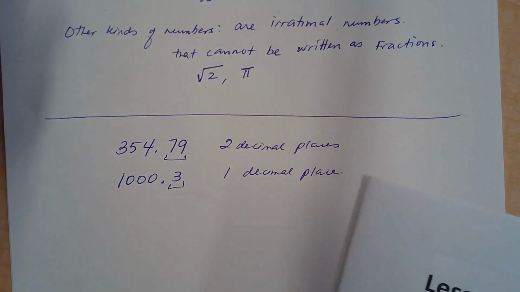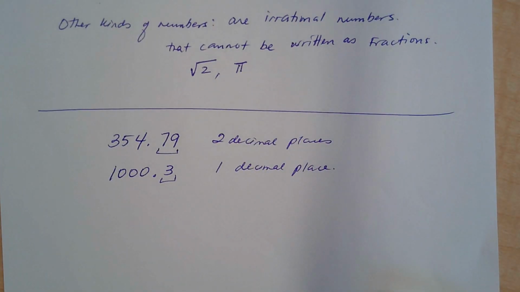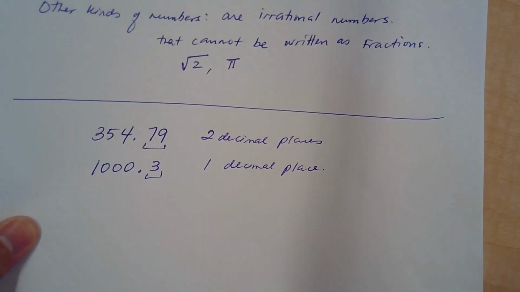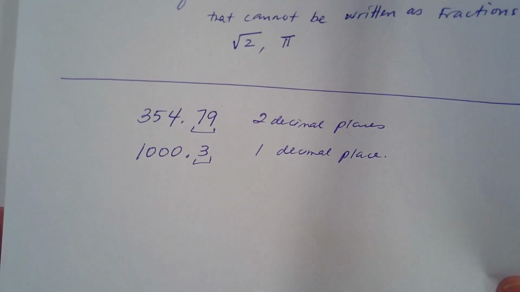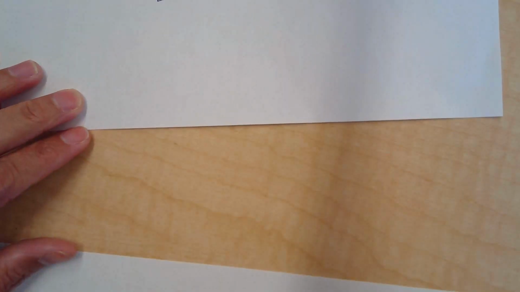Okay. So each decimal has a place value. Now, what is the place value?